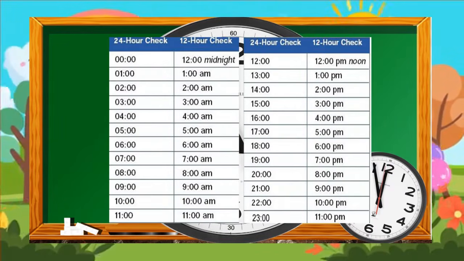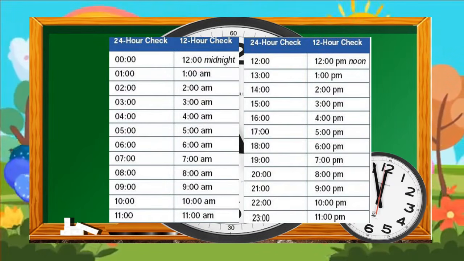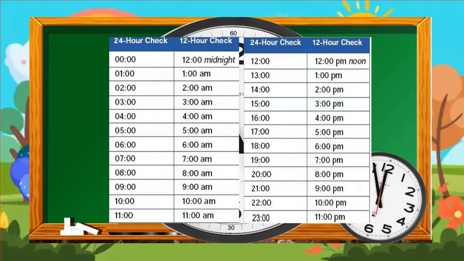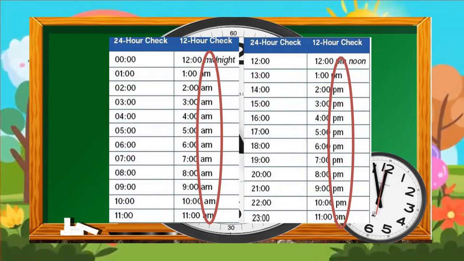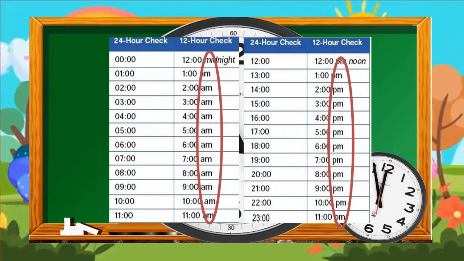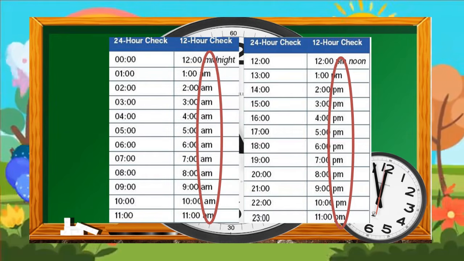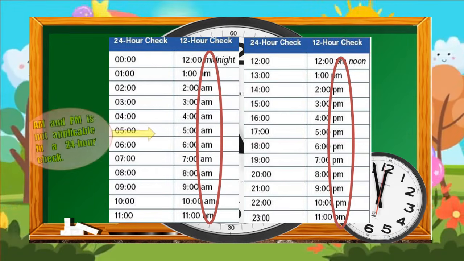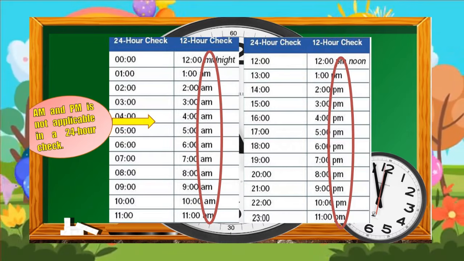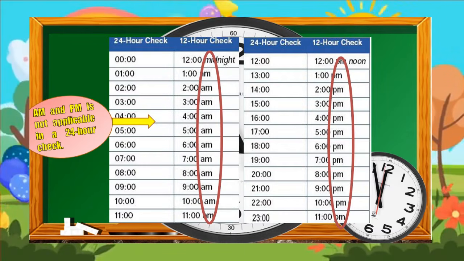This shows the table of a 24-hour clock and a 12-hour clock. In a 12-hour clock, the time has AM and PM. On the other hand, AM and PM is not applicable in a 24-hour clock.